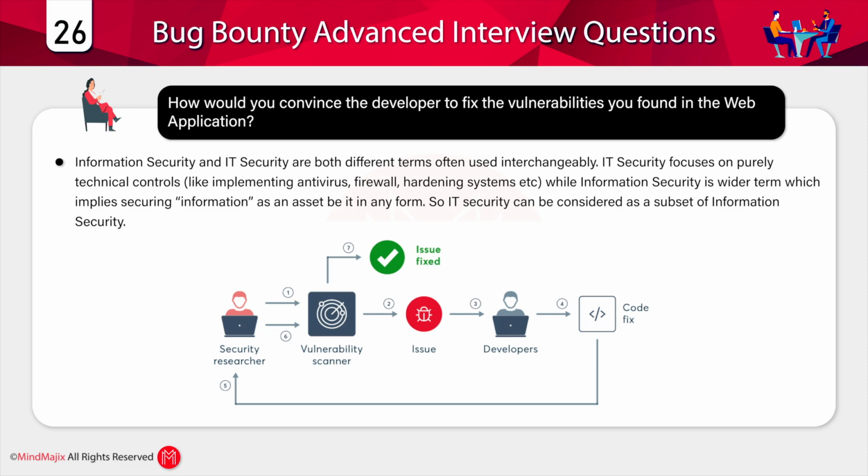It's a human mentality that no one will accept their own mistakes. So it should be done in a very polite way. We need to tell the developer along with proofs and demonstration. We need to do a demonstration and take a POC, proof of concept, and explain the serious impact of that particular vulnerability if it is not patched.